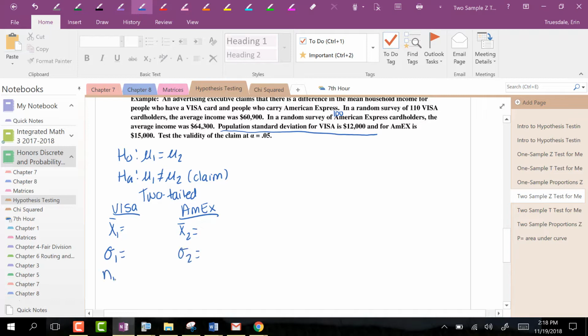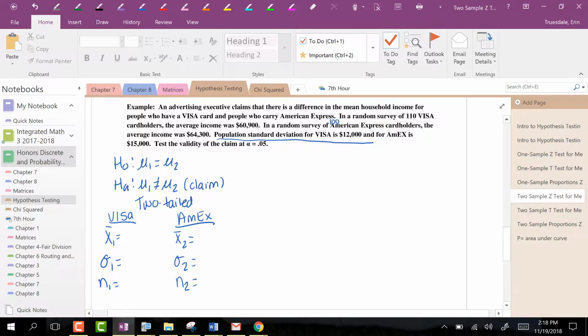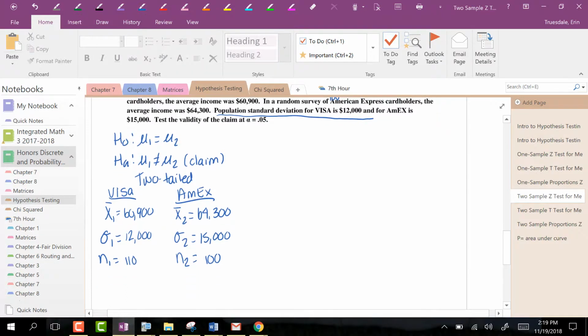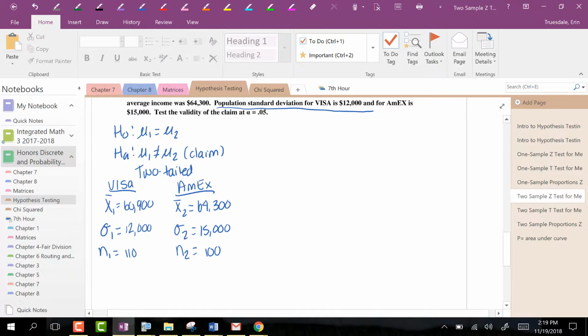See if you can identify those 6 things out of the problem. When you think you have it, look up in mine, make sure that they match.